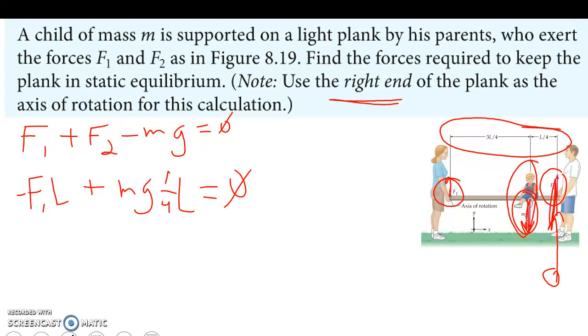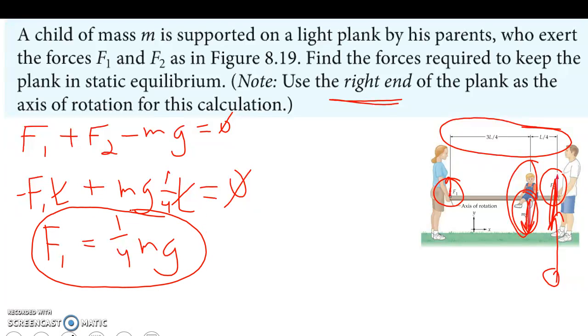Now that we know that, we can start to do the math. So we can solve this. We know that the L's will cancel out because they're both on the same side. And so if we solve this for F1, F1 is equal to 1/4 mg.